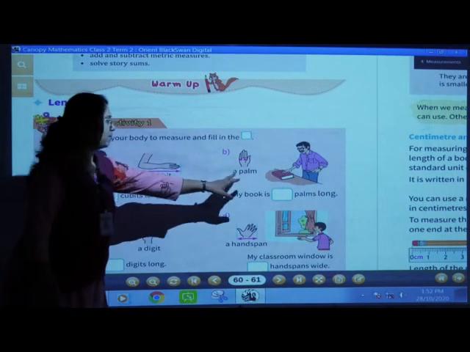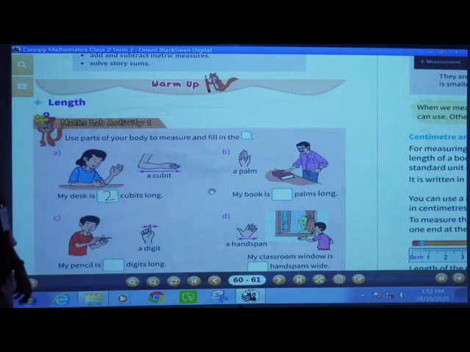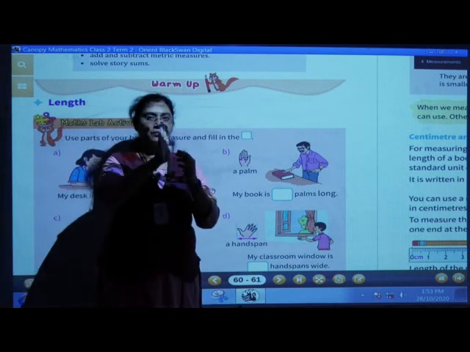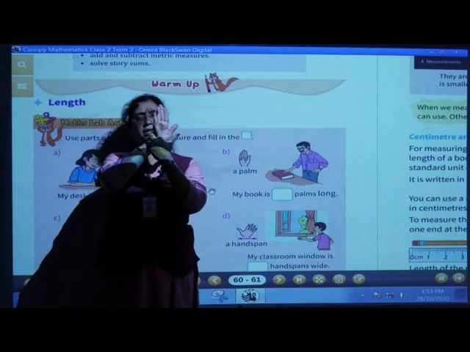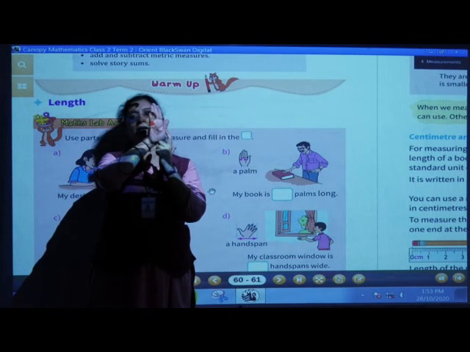Now second, a palm. My book is dash palms long. Palm is the unit of distance equal to the width of 4 fingers closely pressed together. Palm means the distance from the little finger to the thumb.